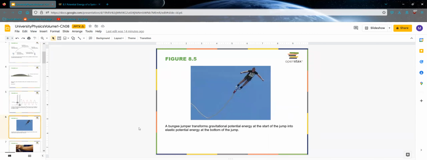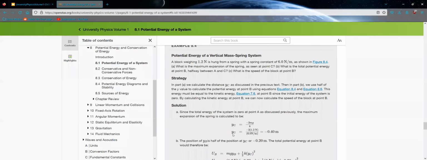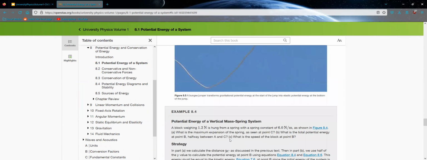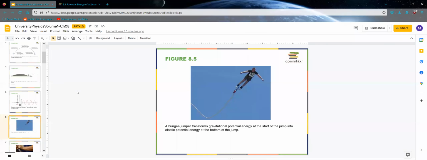Bungee jumping, of course, is something you care about. You want the bungee cord to be long enough to give you a good free fall, but short enough that you're not going to smack your head on the ground as the cable extends. And those things are calculated out in a very similar manner to exactly the equations we've been talking about here.